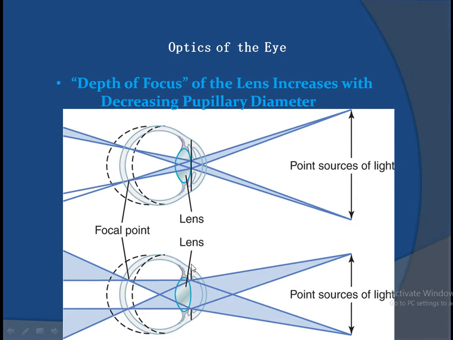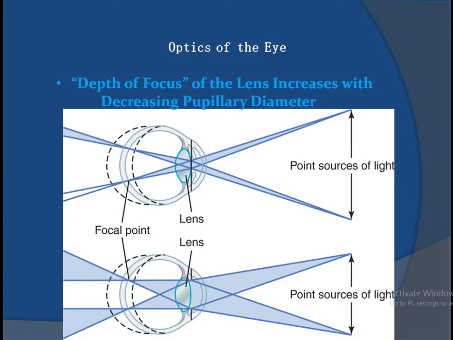If the iris is apart from each other, the size of the pupil is much more, and the image is formed here. If the size decreases, the image goes far away. So the change occurs because of the size of the pupil, and the depth of focus also changes.